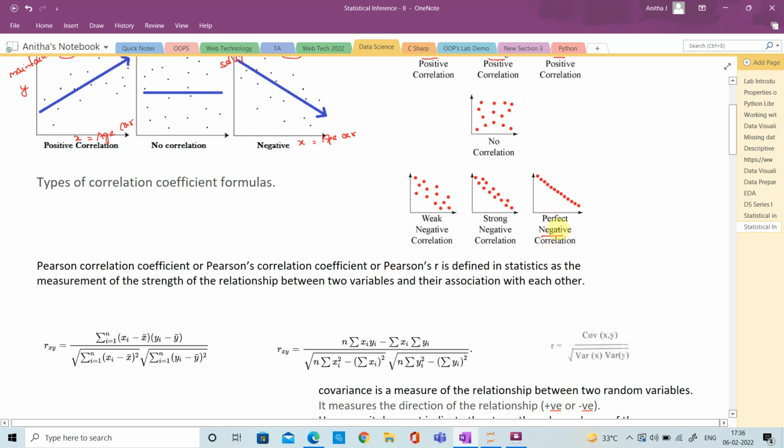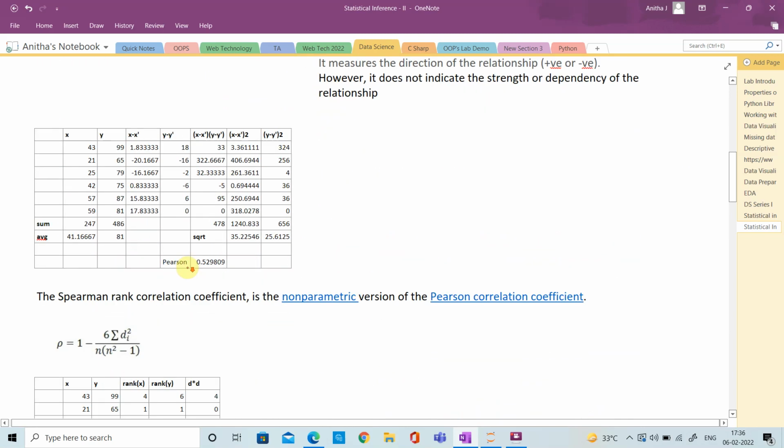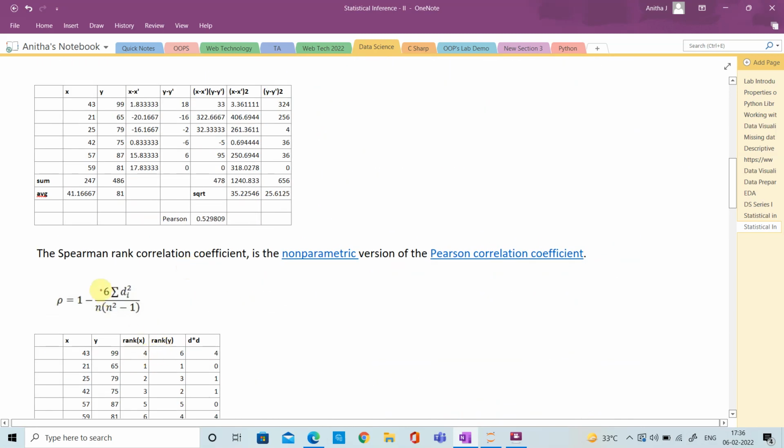In order to find these correlation coefficients, we basically use two different formulas. One is called the Pearson correlation coefficient and the other is called the Spearman rank correlation coefficient.